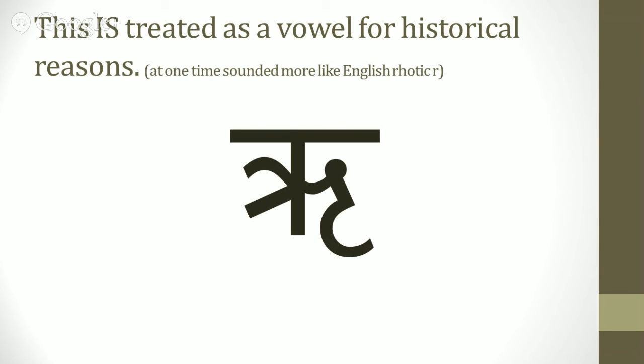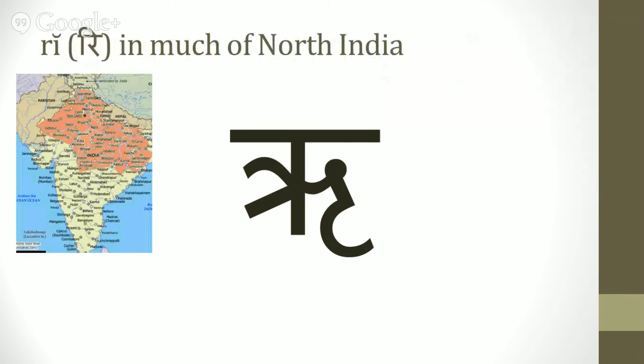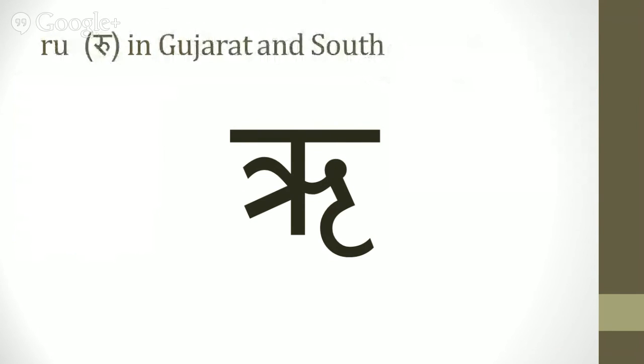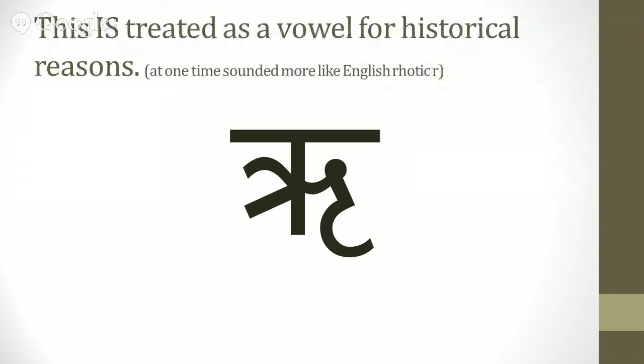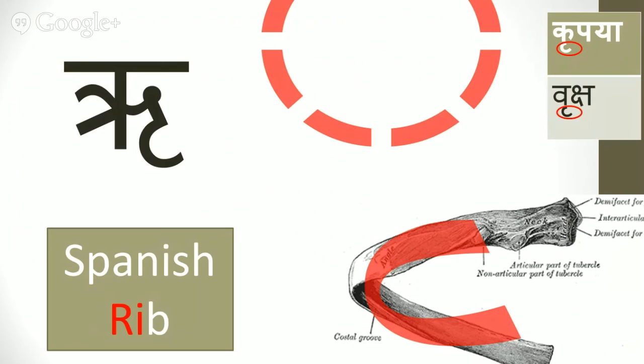But historically in Devanagari and other scripts, this was treated like a vowel, and even though now we don't pronounce it like a vowel, it's still classified as a vowel. So it's the vowel which is not a vowel.